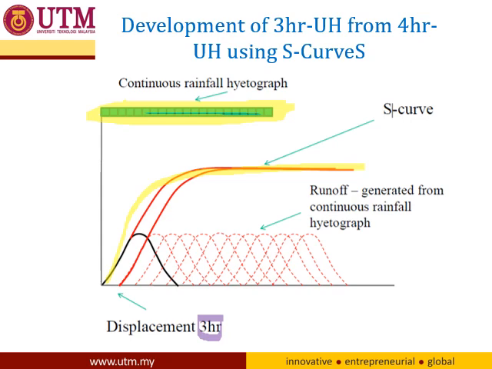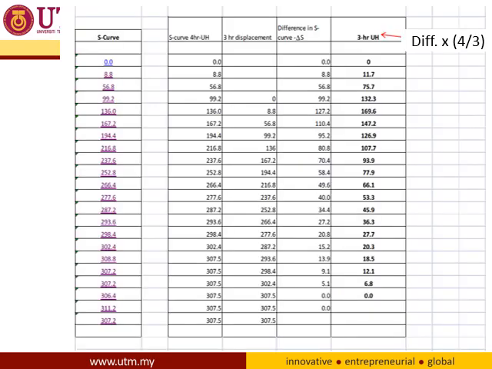So you displace this S curve with the period of 3 hour. Displace the S curve for 3 hour. So let's see. You may see it more clearly in the table form. Okay, so this is the S curve for 4 hour. This is S curve already, and not unit hydrograph anymore.